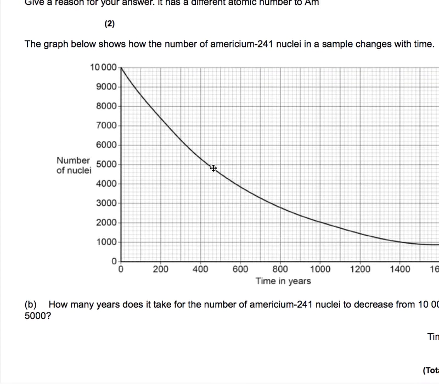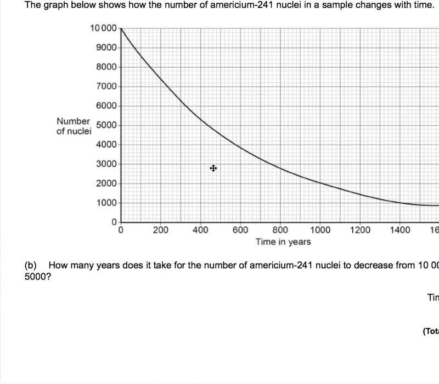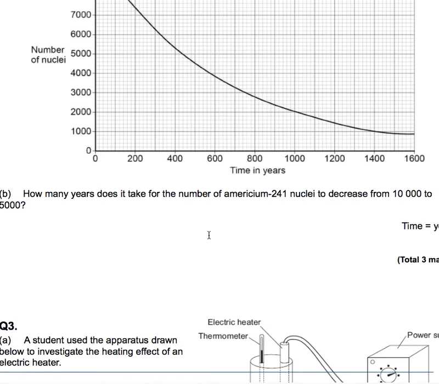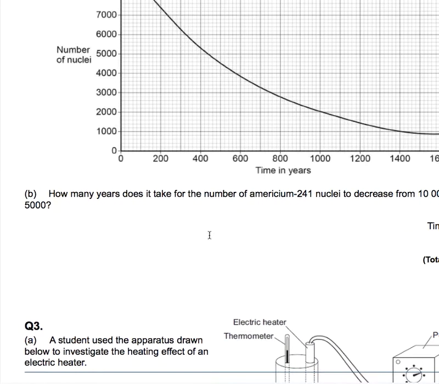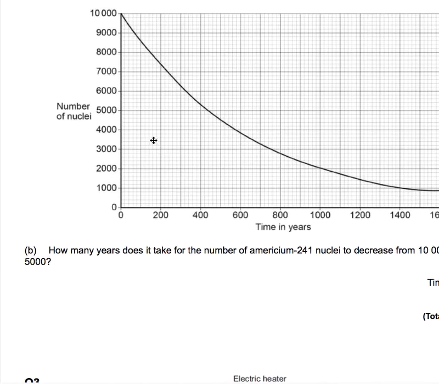The graph below shows how the number of americium-241 nuclei in the sample changes with time. How many years does it take for the number of americium-241 to decrease from 10,000 to 5,000? Well, 10,000 to 5,000 is there, and I reckon that's 2 small squares out from 400. 5 small squares is 100, so that's 440.